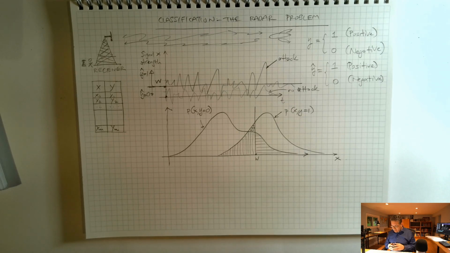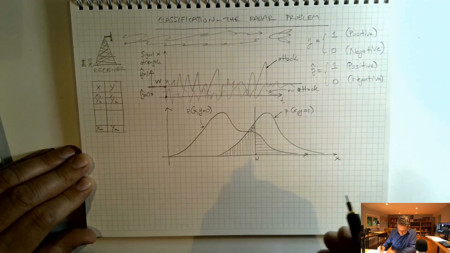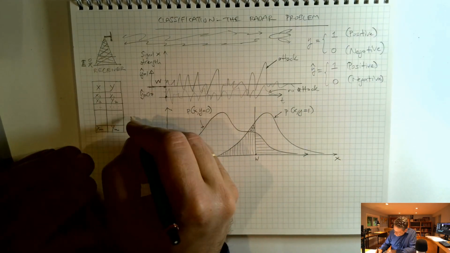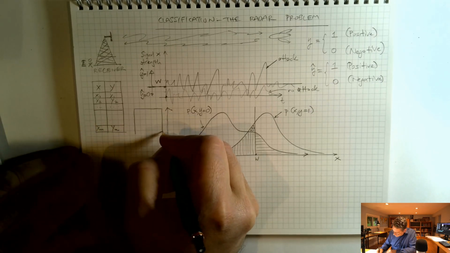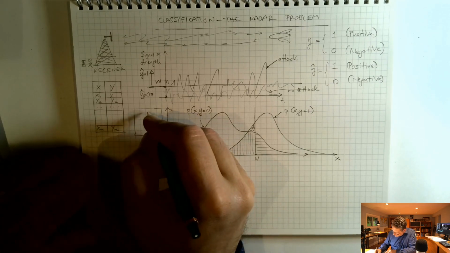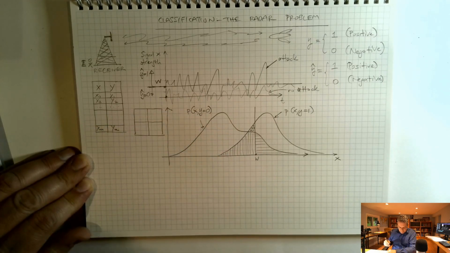We're always going to have mistakes, and in fact we can clearly distinguish four conditions, and we will tabulate them with what we call the confusion matrix.